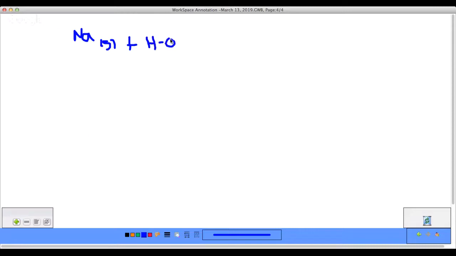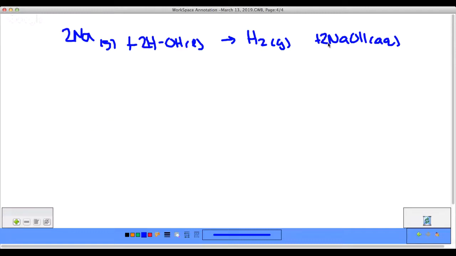So we're going to have some water, and it's a liquid, and what's going to happen is we are going to produce some hydrogen gas, and we are going to produce some sodium hydroxide, and this is aqueous. Balance this out, we're going to have a 2, a 2, and a 2.